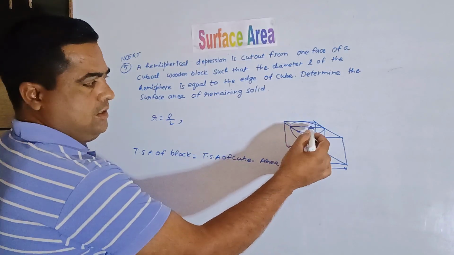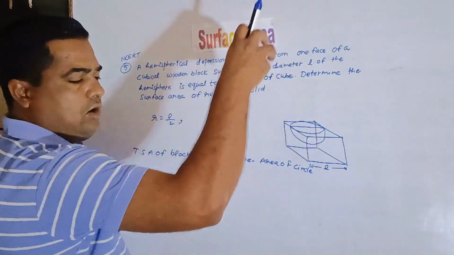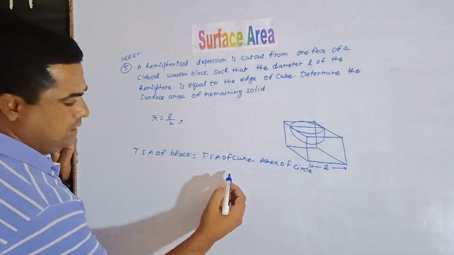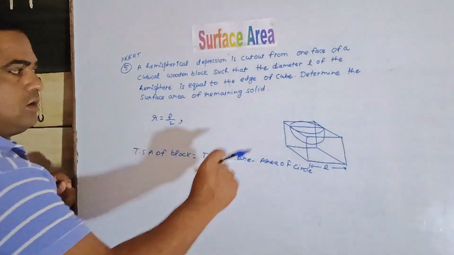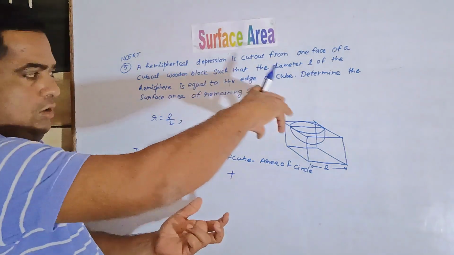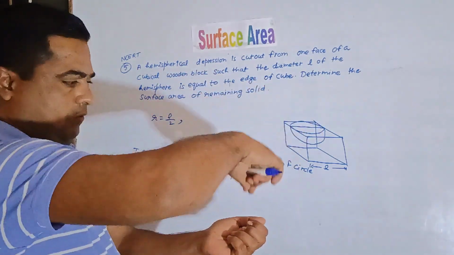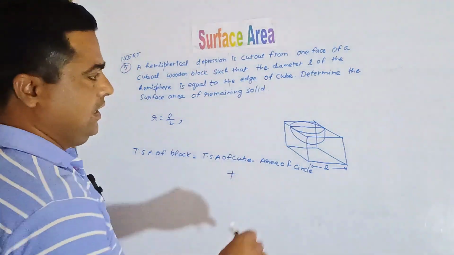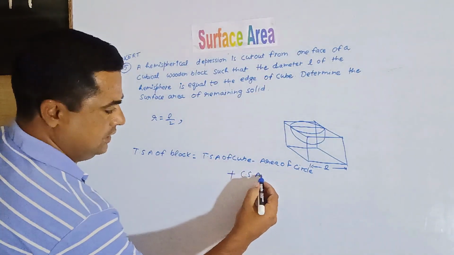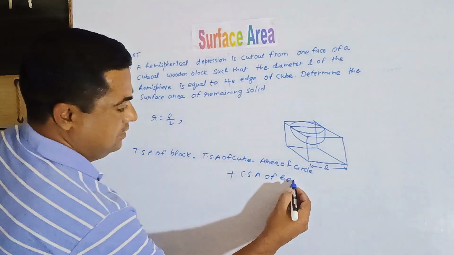We cannot paint the area of this circle because we have taken out this hemisphere from one surface of the cube. Plus we can paint the curved surface area of the hemisphere, because we have a bowl inside this cube and we can do painting on the curved surface area. So we are adding the curved surface area of the hemisphere.